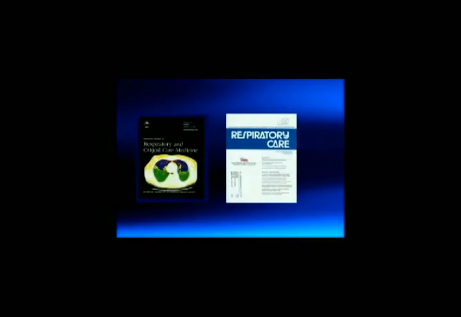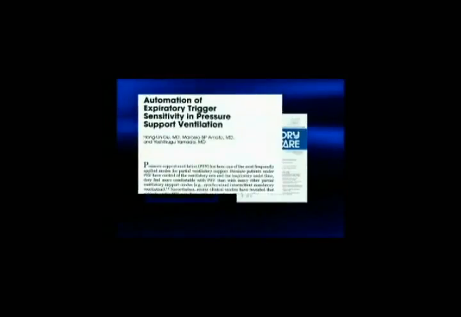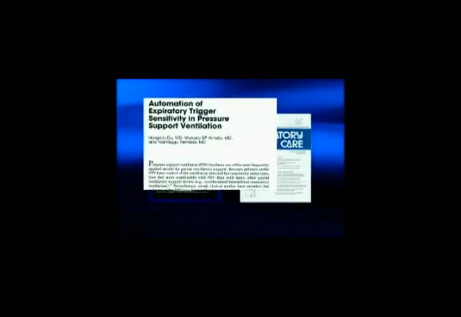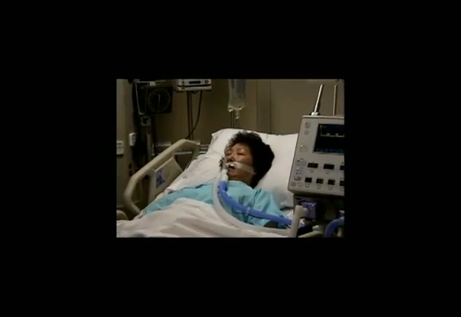Through various bench tests and clinical trials, we found that Flex Cycle not only can improve the patient-ventilator synchrony, but also reduce the time involvement of the clinicians who otherwise would need to stay at the bedside to adjust the ventilator settings.